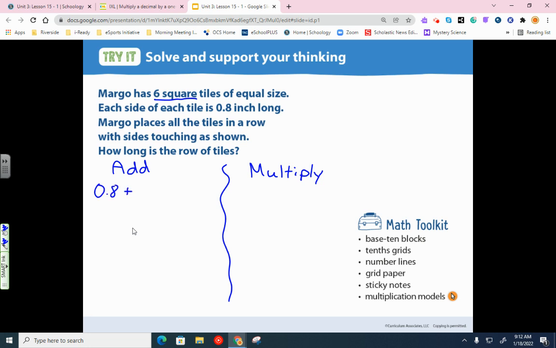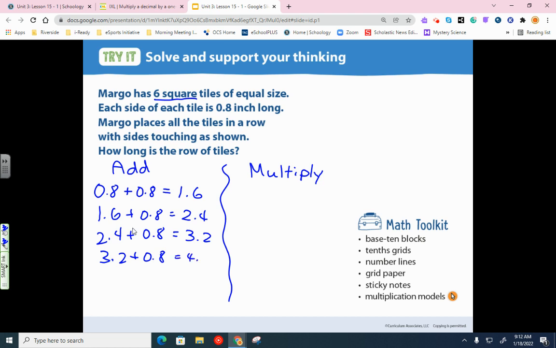So 8/10 plus 8/10, that gives us 1.6. 1.6 plus 8/10, that gives us 2.4. 2.4 plus 8/10 gives us 3.2. 3.2 plus 8/10, that gives us 4.0. And the last one, number 6, 4.0 plus 8/10 equals 4 and 8/10 inches.